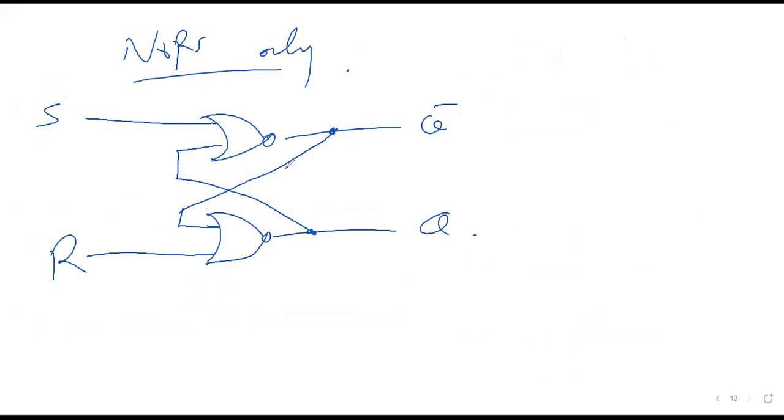That's why it's called a sequential circuit. The output comes and becomes an input on another gate. These are the two forms of the SR latch: one of NAND gates only, the other of NOR gates only.